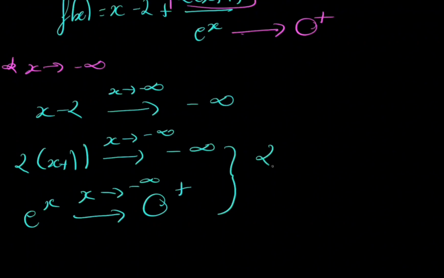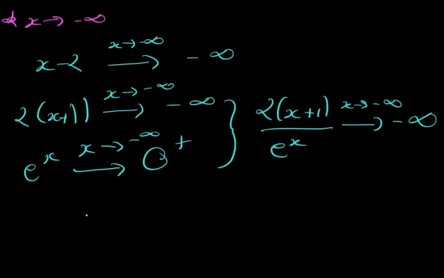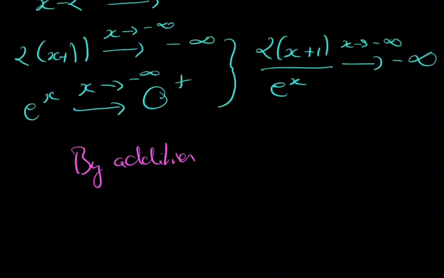This implies that 2x plus 1 over exponential of x will tend to minus the infinity as well when x tends to minus the infinity. And in conclusion, by addition, we will have f of x that will tend to minus the infinity when x tends to minus the infinity.